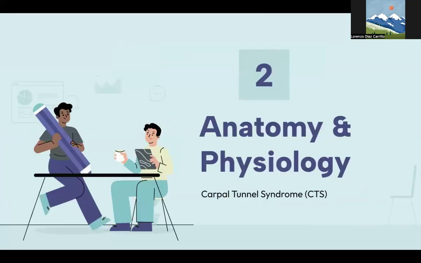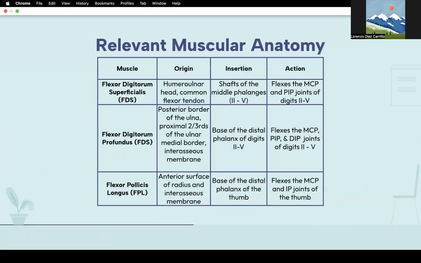Let's talk about the anatomy and physiology. Here's an introductory chart of the 9 flexor tendons specifically that are traveling through the carpal tunnel. The table itself goes over the origin, the insertion, and the action of each muscle. Feel free to pause this and give it a read.